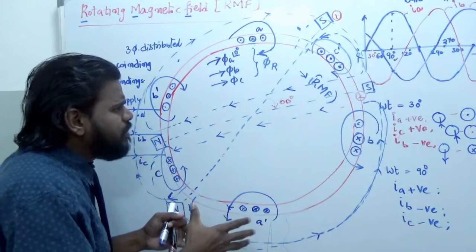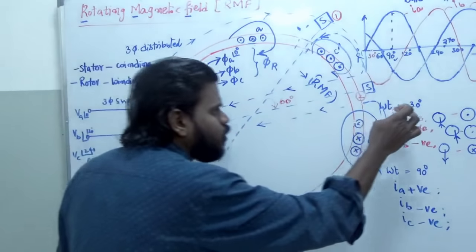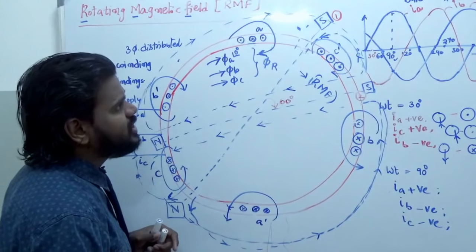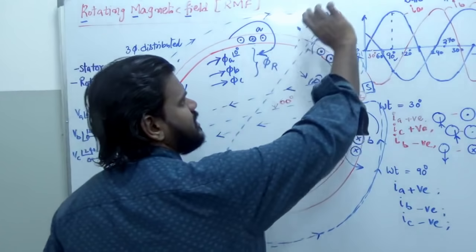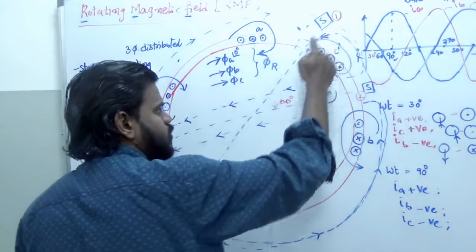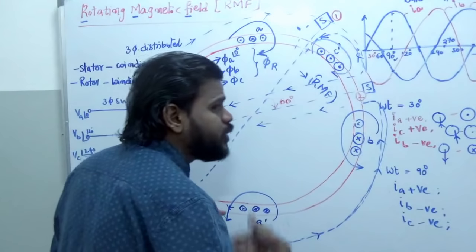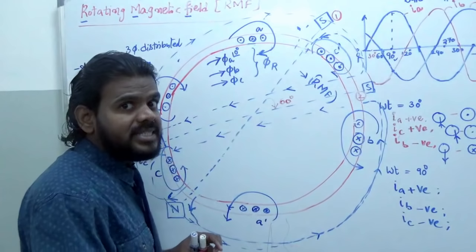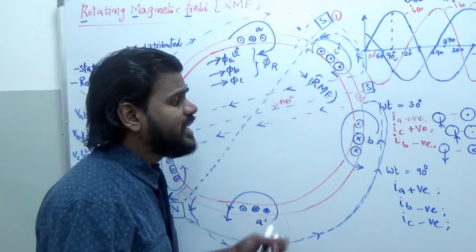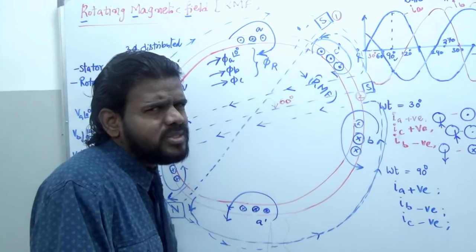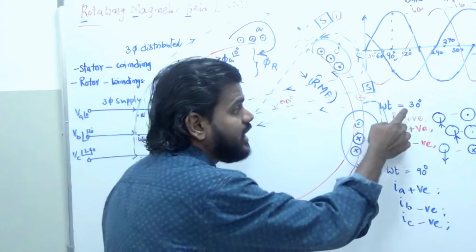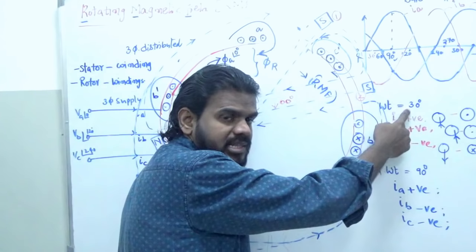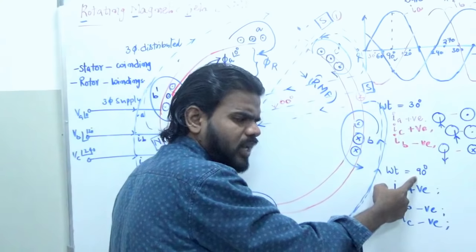That's fine. See what happened here. When you had omega t equal to 30 degrees, your magnet was having an axis like this. And now as the time proceeds, maybe at omega t equal to 90 degrees. So omega t equal to 90 degrees means how much time, my dear? After 5 millisecond. This is 1.667 millisecond and this is 5 millisecond.